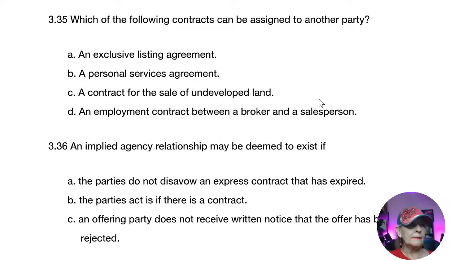Personal services agreement, that's right. So the only correct answer for 35 is C, a contract for the sale of undeveloped land. But again, as I said, it could be land that's developed. It could be a residence.